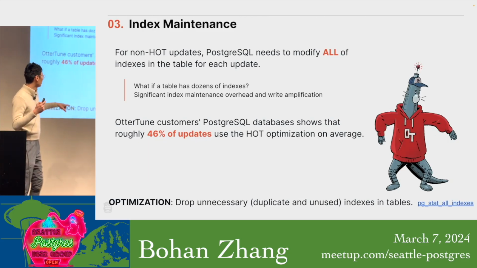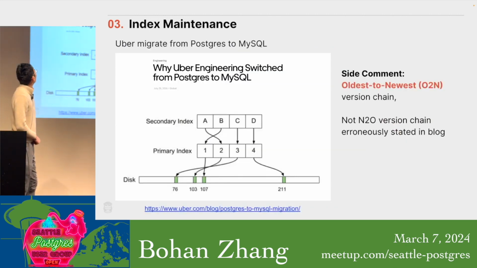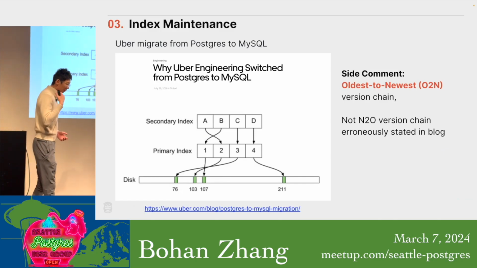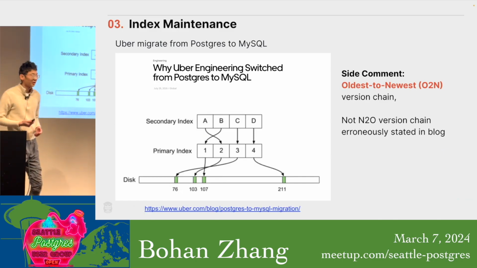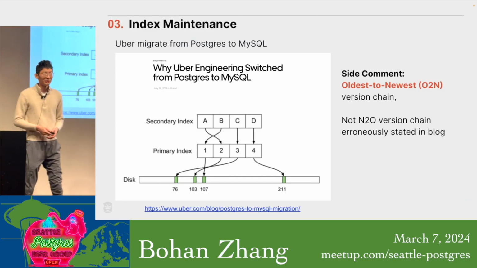Our team automatically detects such unnecessary indexes by using statistics on each of the indexes in Postgres. There's a blog article from Uber on why Uber switched from Postgres to MySQL, and it generated lots of discussion.